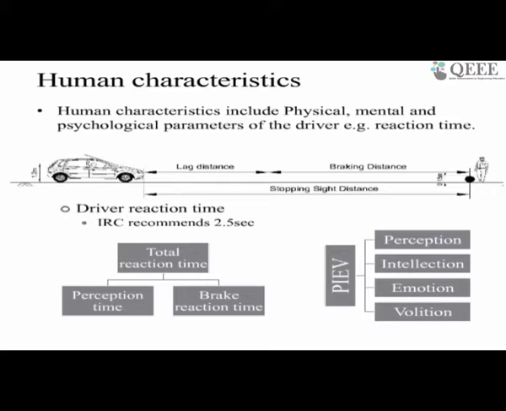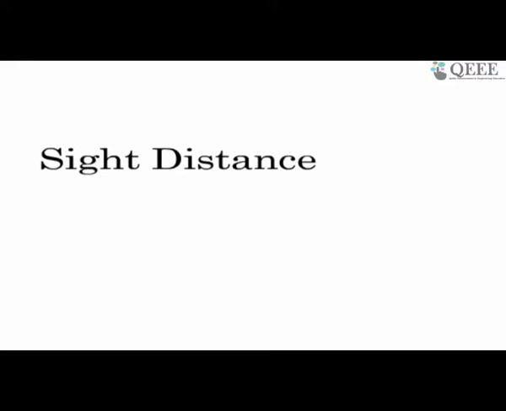We'll come to these details in a while. Once the human characteristic comes in, then the mechanical characteristic comes into place, which is the brake reacting, the braking process. So within this reaction, there is a human reaction, the mechanical reaction, and then the actual physical process. With this, the vehicle is going to stop. So these are the very basic parameters through which the road is going to be designed.